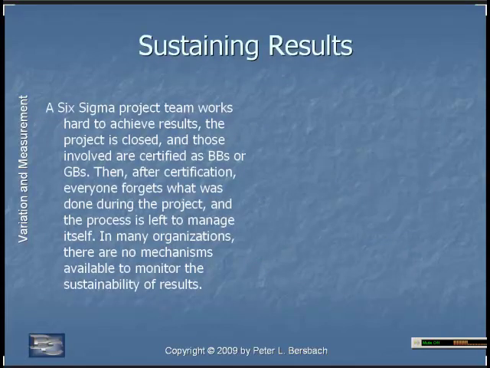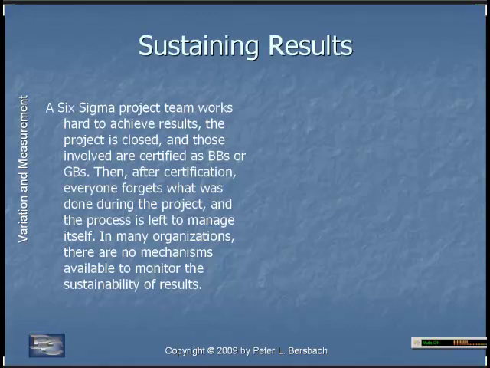The next one is sustaining results. A Six Sigma project team works hard to achieve results. The project is closed, and those involved are certified as black belts or green belts. Then after certification, everyone forgets what was done during the project, and the process is left to manage itself.